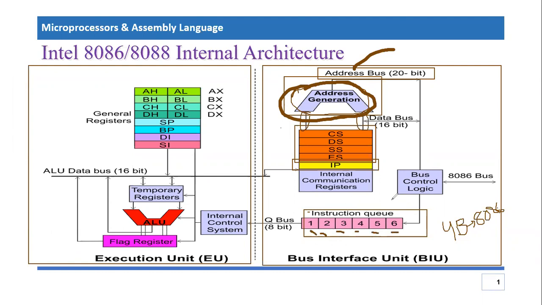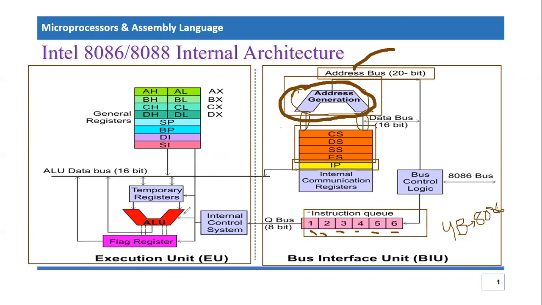If all six of these bytes are full, we do not have any other capacity to store a further instruction. So what is going to happen? The bus interface unit cannot fetch any further information, but the execution unit will take instructions one by one and process them.